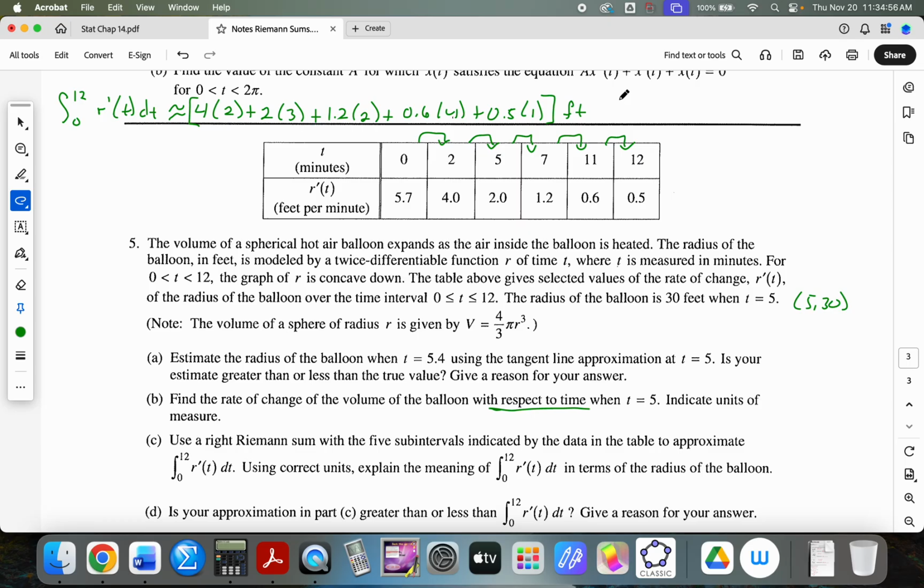And we just learned a moment ago that if we do the Riemann sum of a rate of change, it's going to give us the change in whatever that's the rate of change of. Yes, that's a horribly twisted sentence, but I think you got it. This is the change in the radius over the interval 0 to 12, from t is equal to 0 to t is equal to 12 seconds.